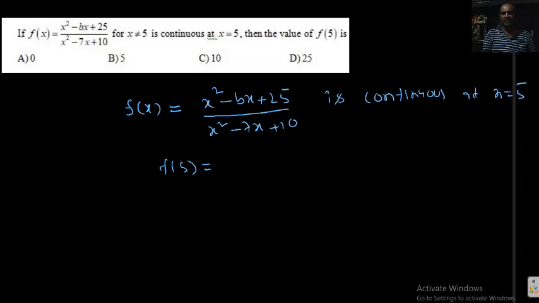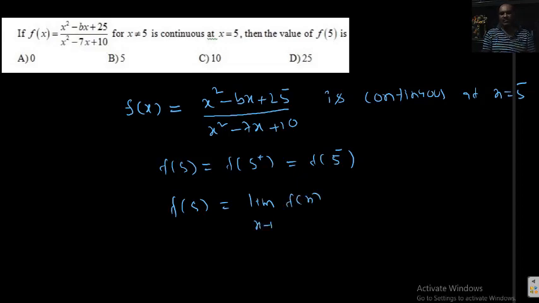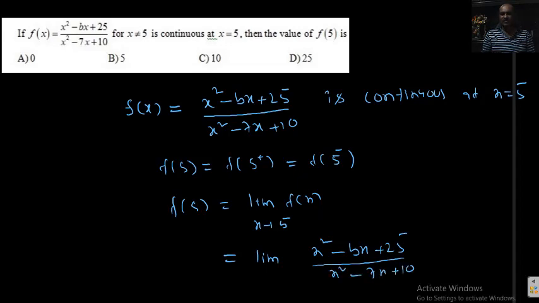f(5) is nothing but f(5+) equal to f(5−), or in other words, I can say that f(5) equals the limiting value of f(x) where x is tending to 5, which is the same as the limiting value of (x² − bx + 25)/(x² − 7x + 10), x tending to 5.